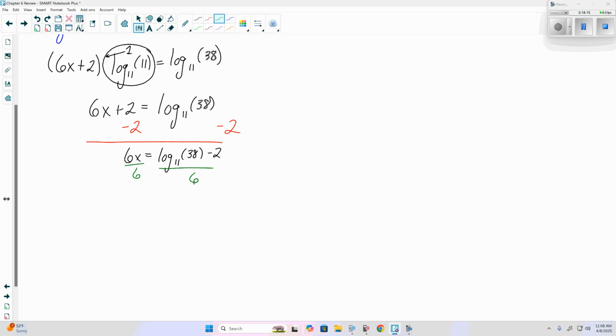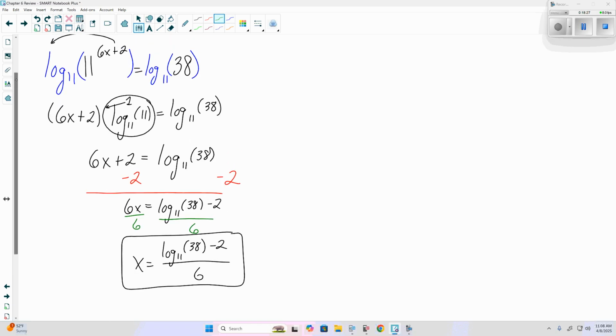Then divide by the 6, telling us x is equal to log base 11 of 38 minus 2, divided by 6. Questions on this here?